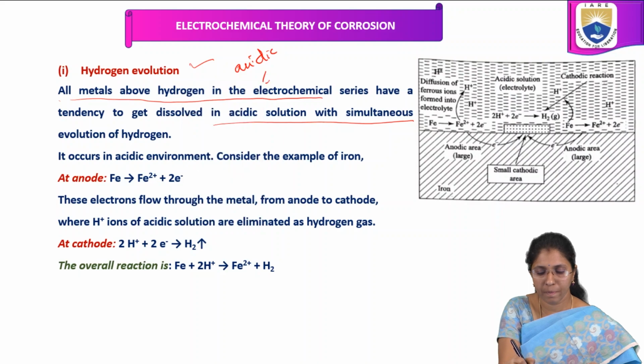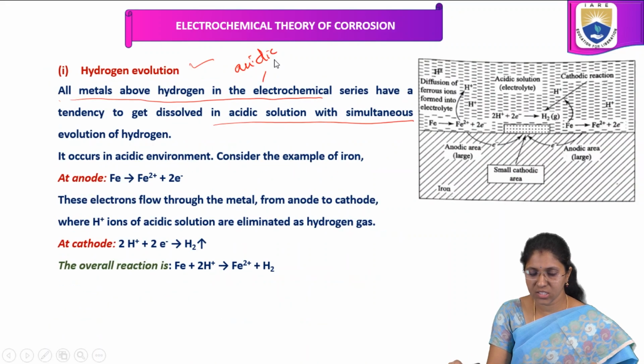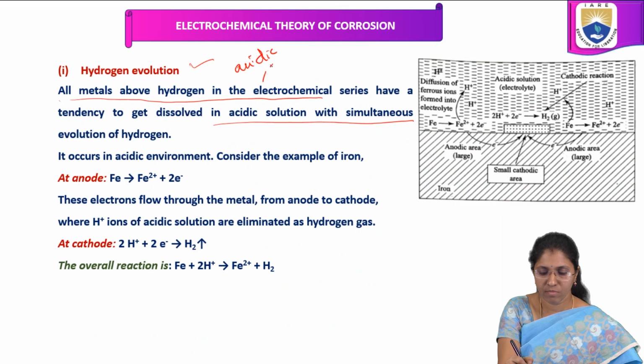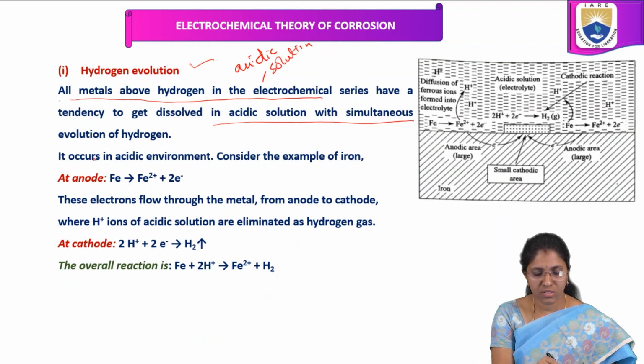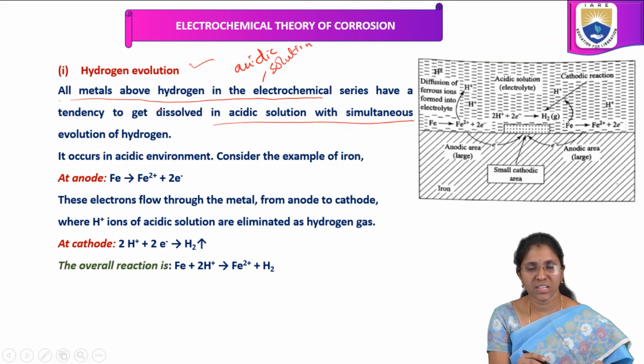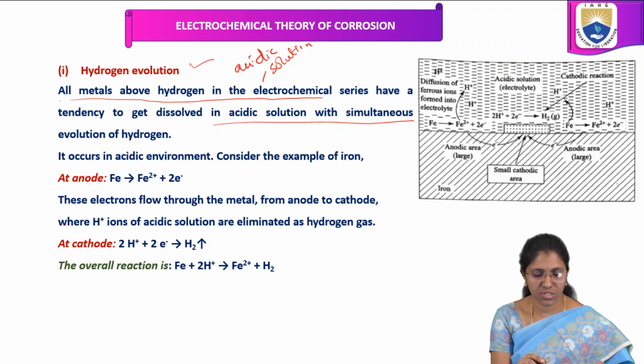When the metal is placed in acidic solution, hydrogen evolution takes place as the cathodic reaction.